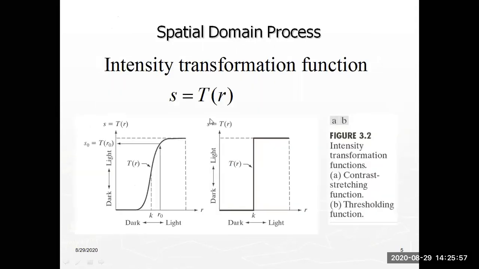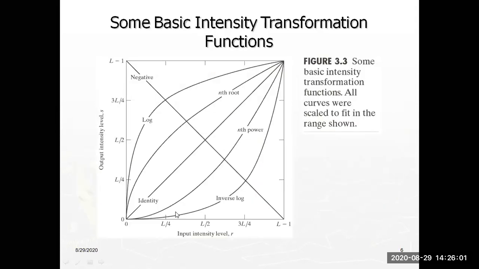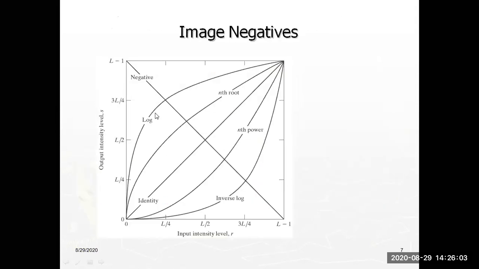So what is the T value? How many types? Here 1, 2, 3, 4, 5 and 6. So here in a single image and in a single graph I am showing how many transformation functions? 1, 2, 3, 4, 5, 6. What are those 6? Identity, negative, log, inverse log, nth root, nth power.